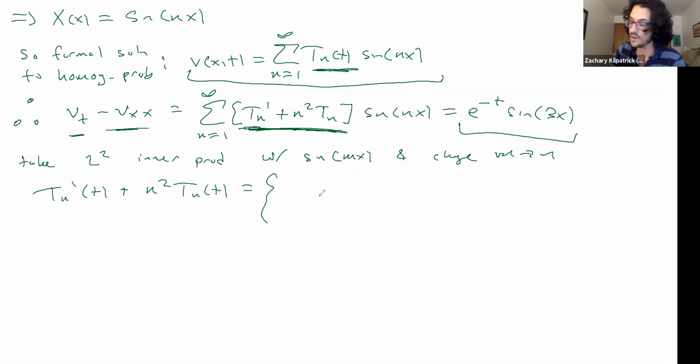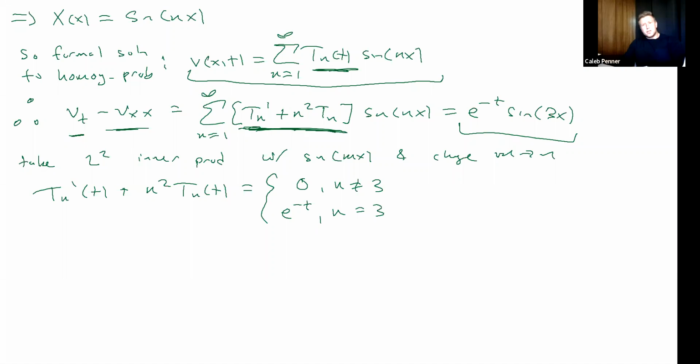So I get this set of differential equations that are homogeneous when n is not equal to 3, and inhomogeneous when n is equal to 3. Questions about this? You're almost home free at this point because then you're just back to solving ODEs.